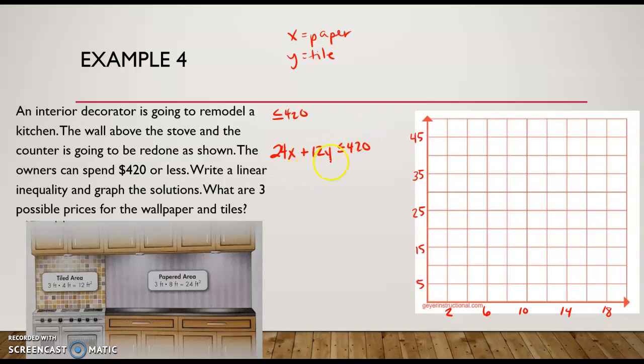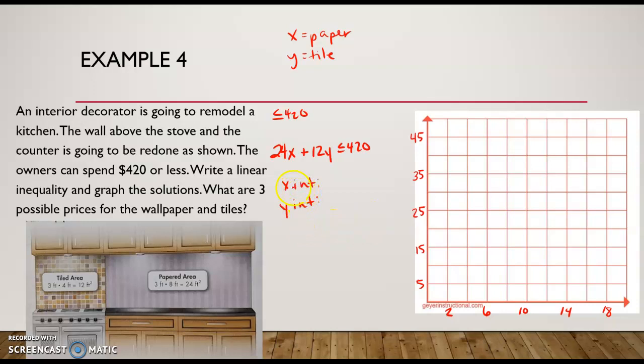Now, because of the way it's set up, I could solve for y and graph that way. But I think it would be easier to find my x-intercept and my y-intercept. And we can do that as long as it doesn't equal 0 over here.